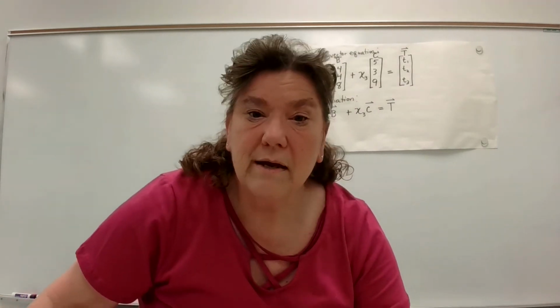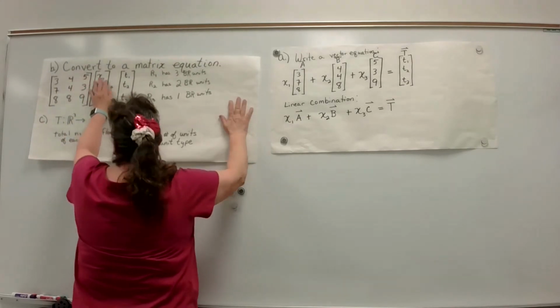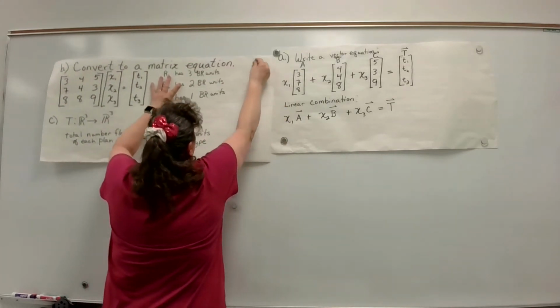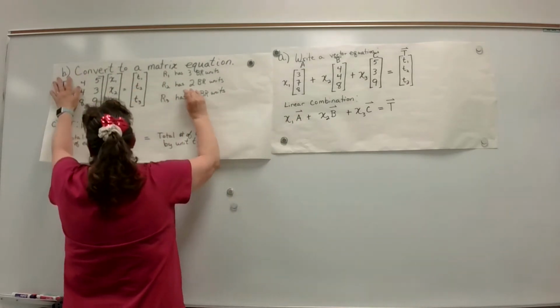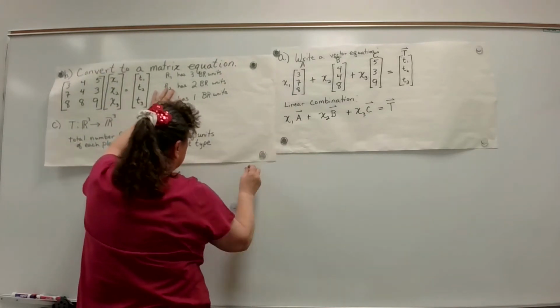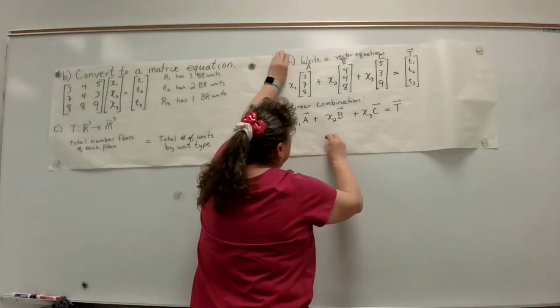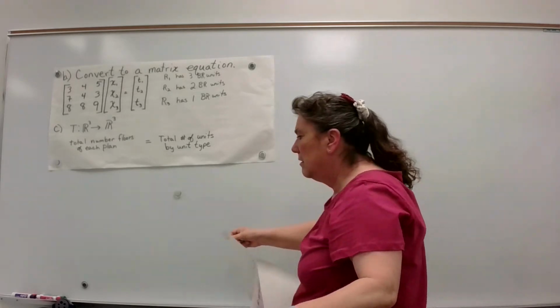Part B of this problem requests that you convert your vector equation to a matrix equation. So that is your next step of this process. Okay, we'll put this one down. So there we have the other one.